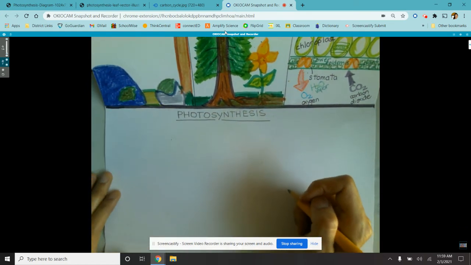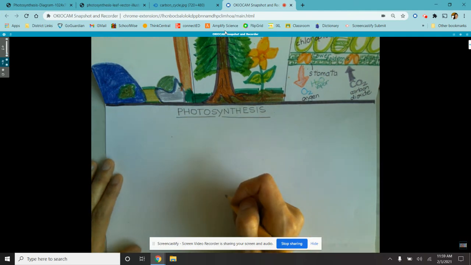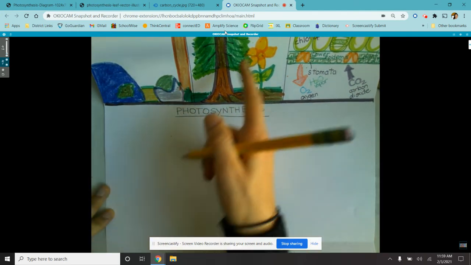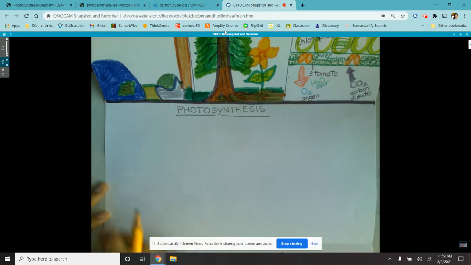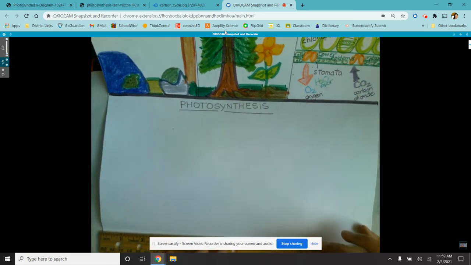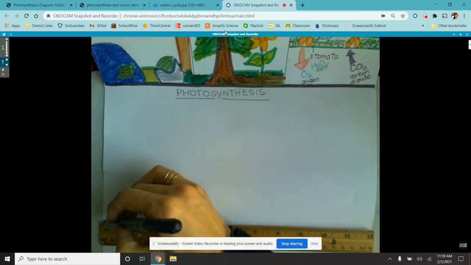All right, so photosynthesis starts in our tree. We draw our little vascular tree over here before I do anything else. Let's draw the bottom. Find your crease and the bottom folds.